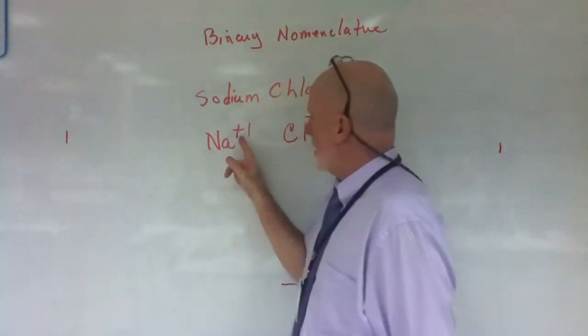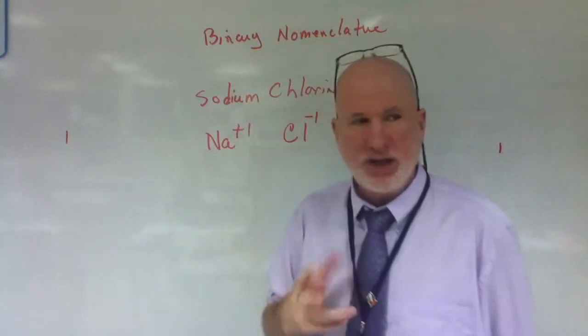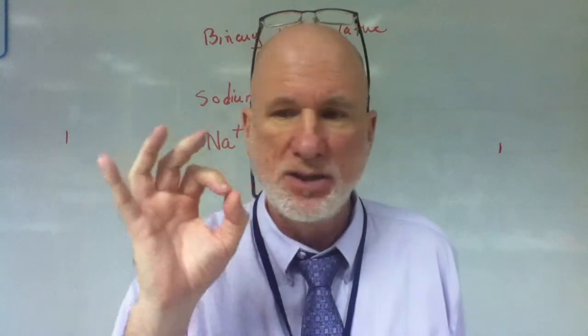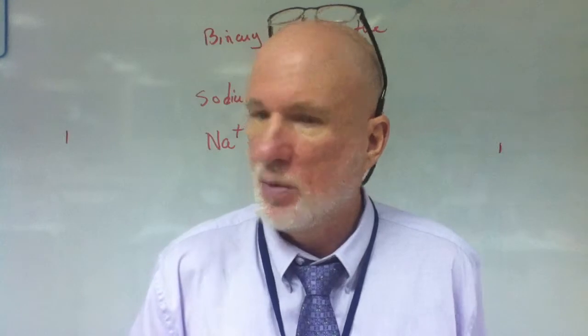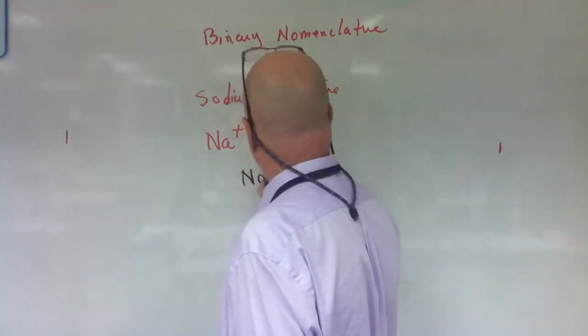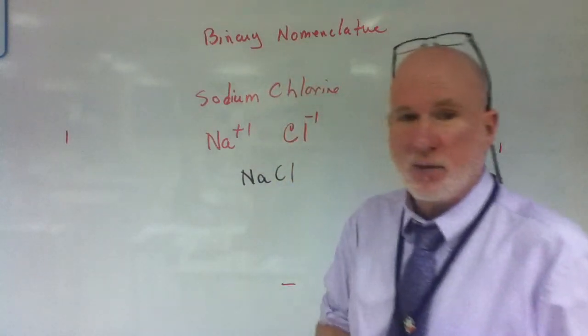I have a plus 1 and a minus 1. How many of each do you need to make the smallest particle that's neutral? Yes? 1 of each, okay? And you're right. Just like that, 1 of each.